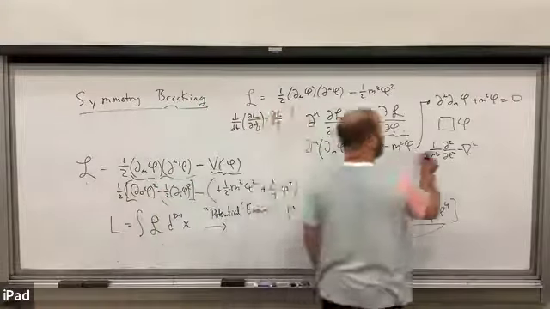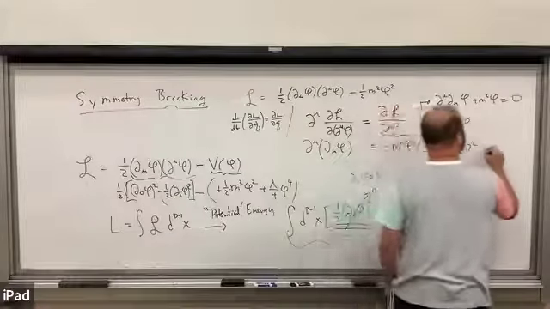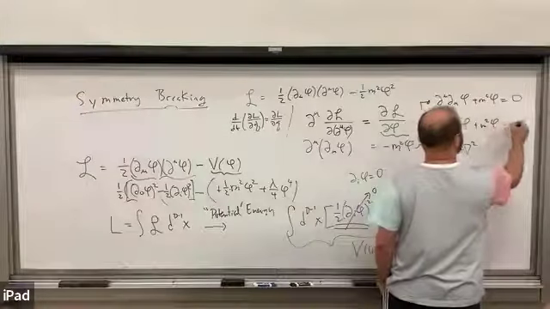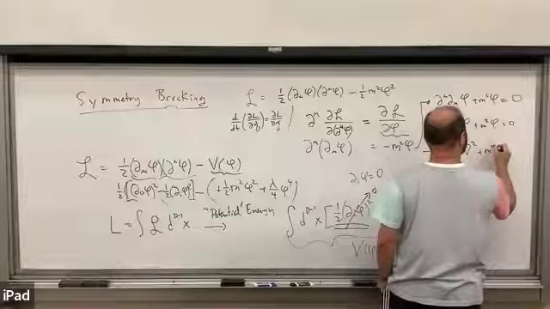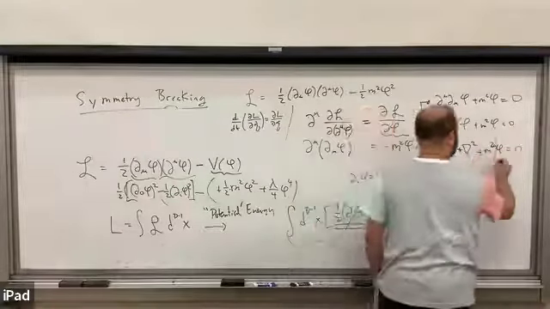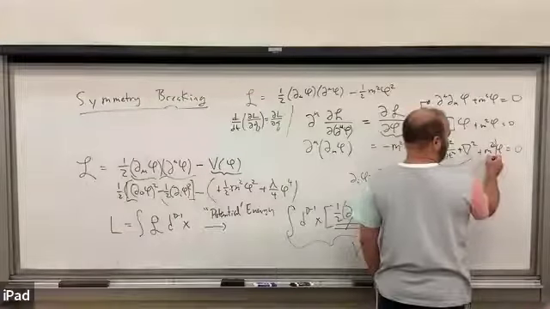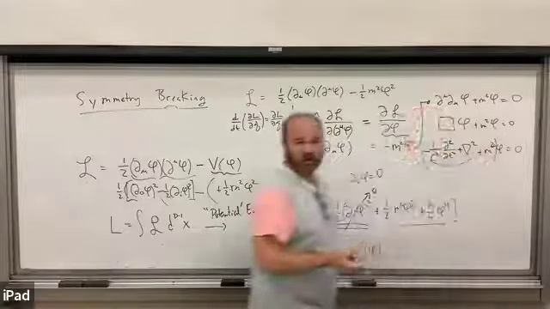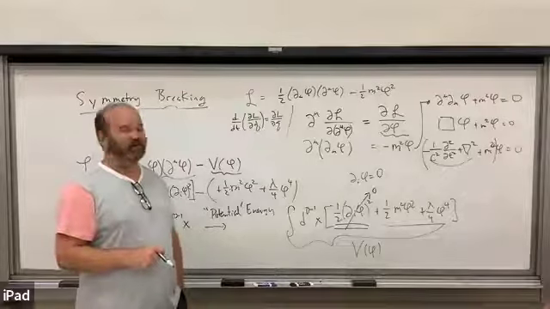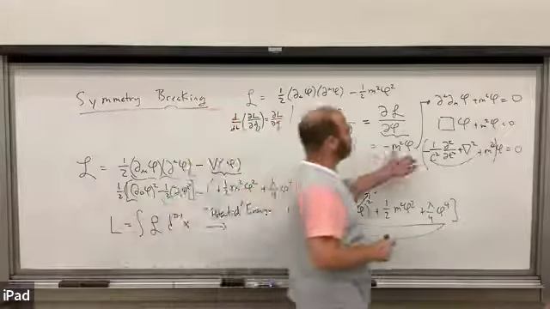So I think you need this, you need that, plus m squared phi is 0. And so I have this essential wave equation plus this mass term, and this is the Klein-Gordon equation. Modulo, okay, there may be some sign issues here, but great.